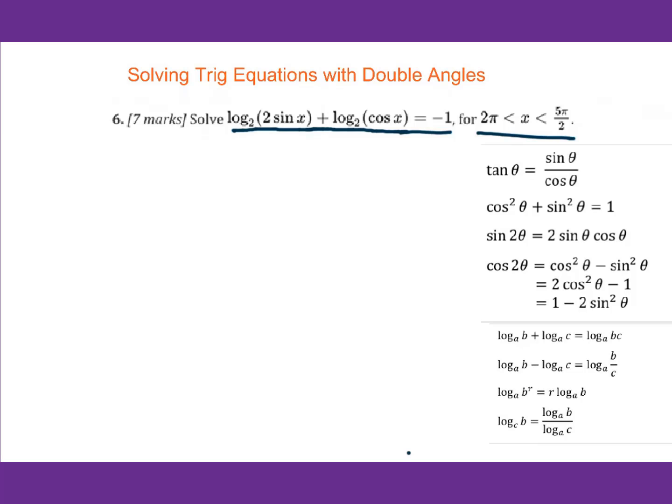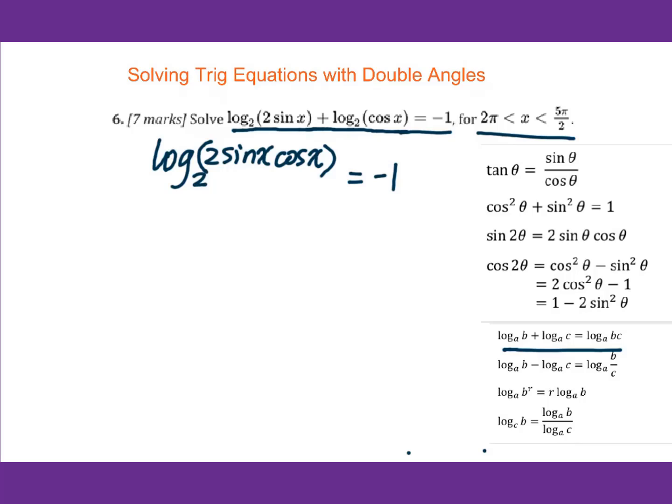First of all, you've got to use this log law to condense the left side. You will get log base 2 of 2 sin x cosine x equals -1.